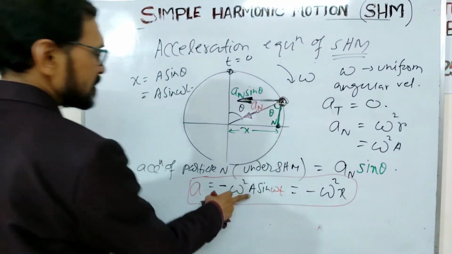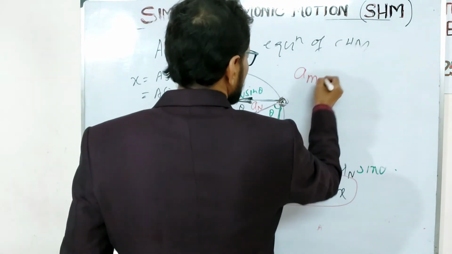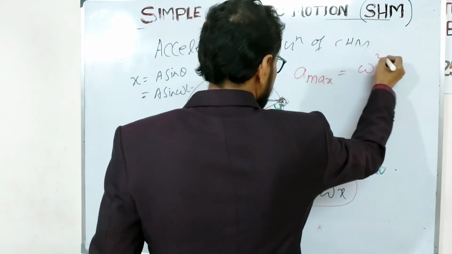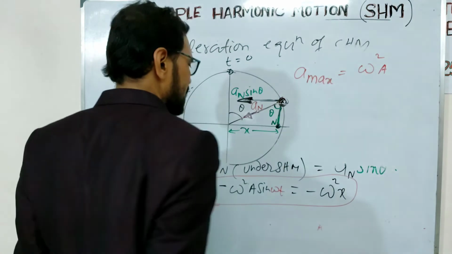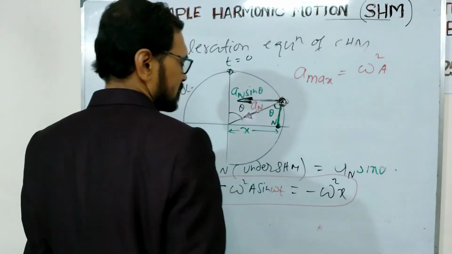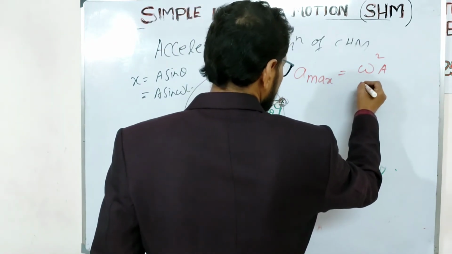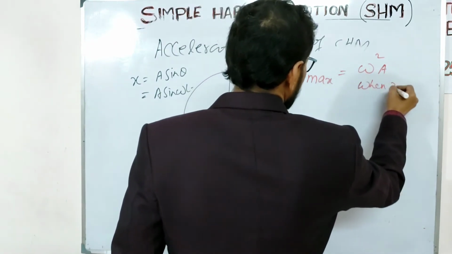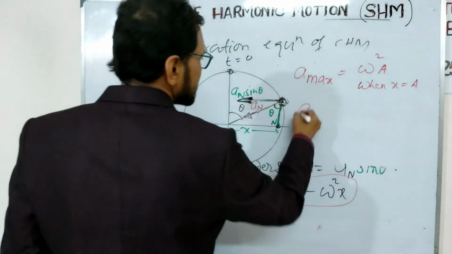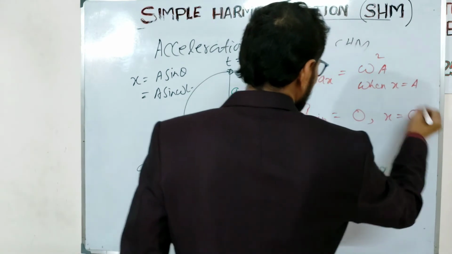So what is the formula of acceleration of SHM? This and this. Maximum acceleration equals omega square a. We take the magnitude, not the sign. Maximum acceleration equals omega square a when x equals a, and minimum acceleration equals 0 when x equals 0.